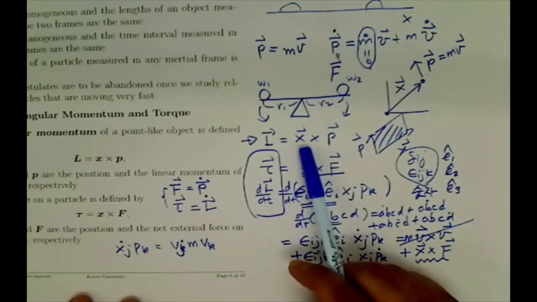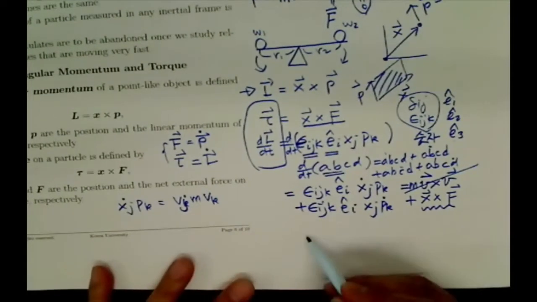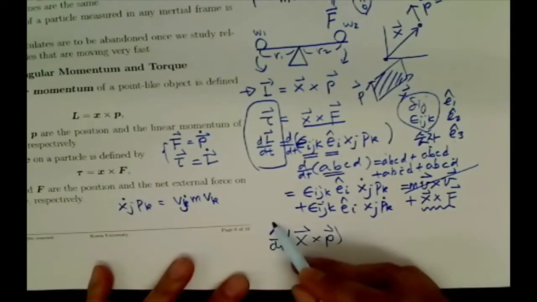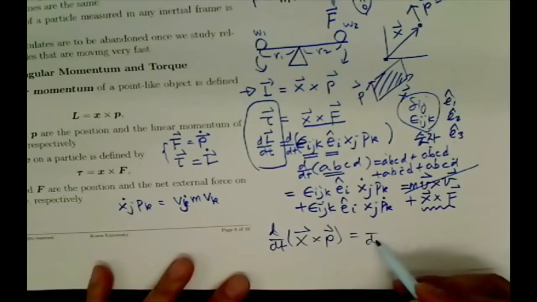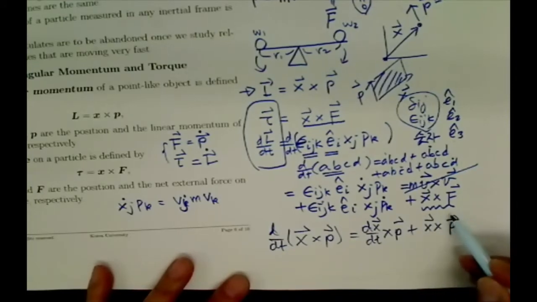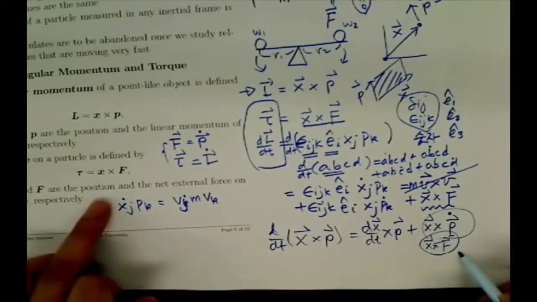I know x dot is velocity. The time derivative of x cross P must be x dot cross P plus x cross P dot. This is x cross the time derivative of linear momentum, which is force, x cross F. So that is the same as torque.